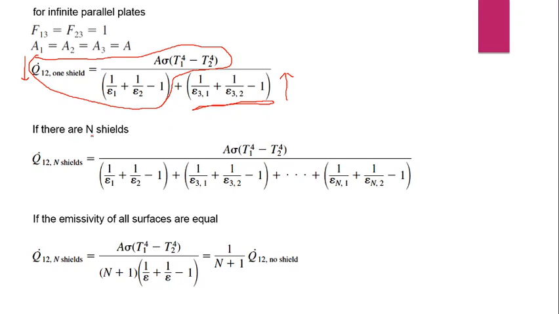If there are n shields, then we will have 1 divided by epsilon 31 plus 1 divided by epsilon 32 minus 1, this expression n times, right? This one for the first shield, and then we will have n shields here. So we will have n expressions like that: 1 divided by epsilon 31 plus 1 divided by epsilon 32 minus 1, plus 1 divided by epsilon 41 plus 1 divided by epsilon 42 minus 1, or something like this.